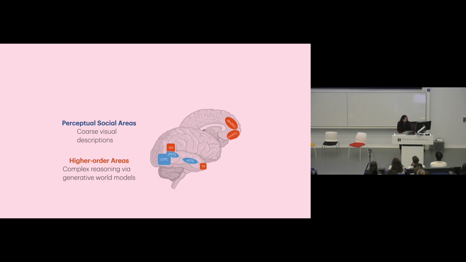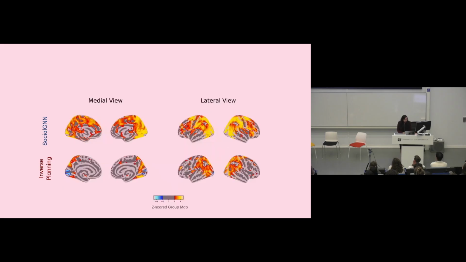Now, coming to our main hypothesis, which was that there is a hierarchy where perceptual areas generate a coarse representation, which is then passed on to these higher order areas for more abstract reasoning. We expected social GNN to be more similar to these perceptual social regions, and the inverse planning model to be more similar to these higher order theory of mind regions like TPJ. However, we see that both these models show high representational similarity in both perceptual and theory of mind regions.